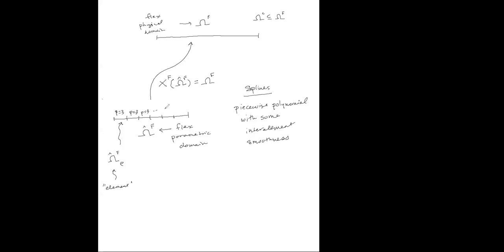Okay, and so on. And then we say, okay, I'm going to fix what I call K. So P indicates the degree of the element polynomial basis.